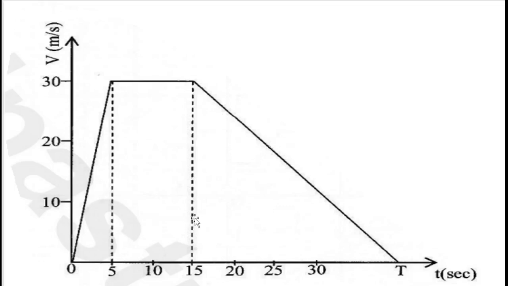Okay, so now area under this graph represents distance, meaning the area of the individual shapes or the overall shape represents the distance. So for us to find the value of t, we are going to use the fact that the total distance has been given to us.